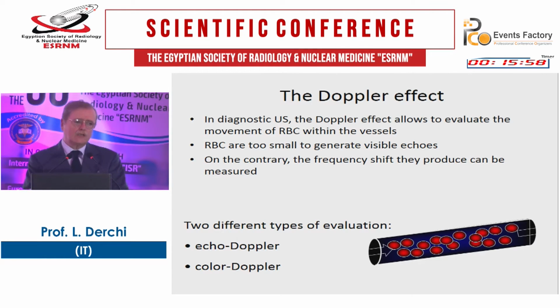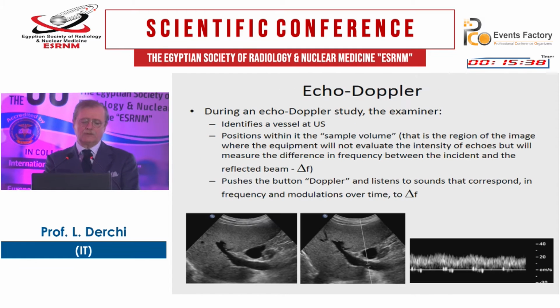In diagnostic ultrasound, the Doppler effect allows us to evaluate the movement of the red blood cells within the vessels. They are so small they cannot be seen as visible echoes, but the frequency shift they produce can be measured. And we have two different methods, the Echo-Doppler and the Colour-Doppler. In the Echo-Doppler, during the examination, the examiner identifies a vessel at ultrasound, in this case the portal vein.